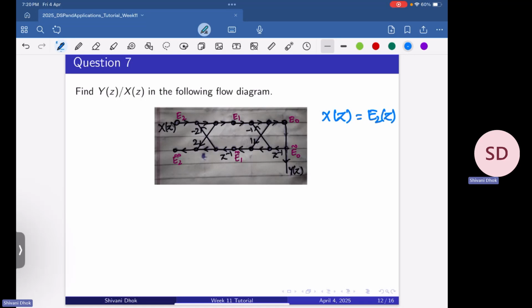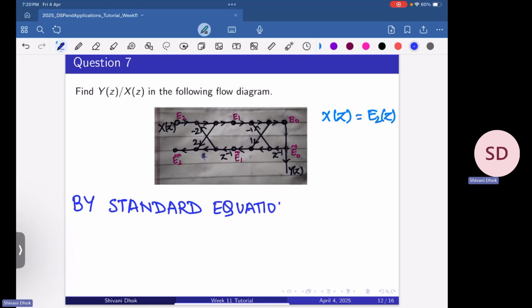Okay, so now there are some standard equations for our lattice structure for this FIR realization. This is the denominator realization of FIR. So by standard equations, which you can look up in the notes of your class, what do we have?